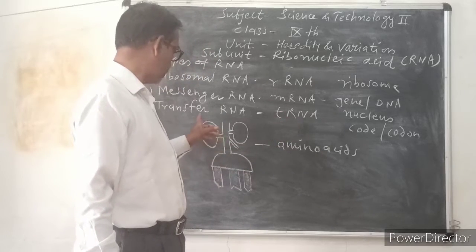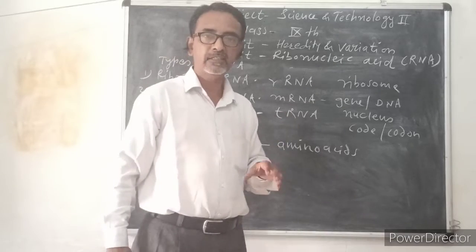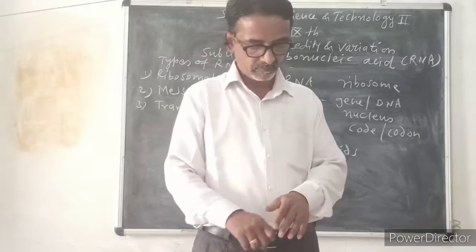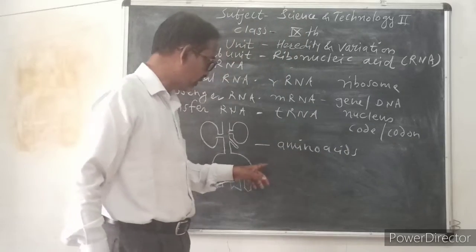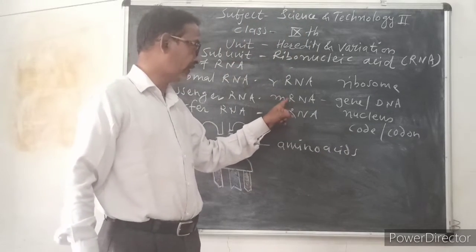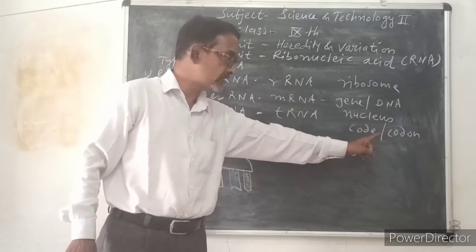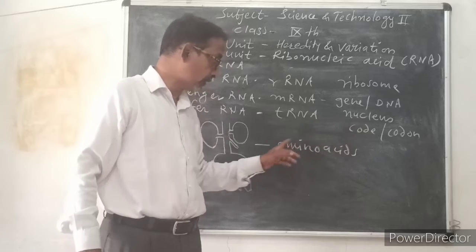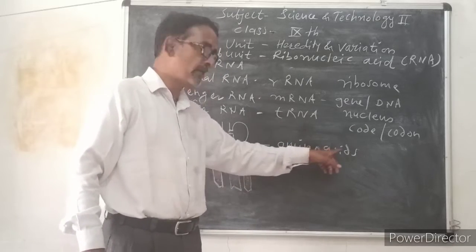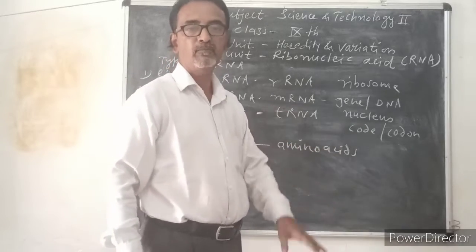Then tRNA or transfer RNA is the special type of RNA which works according to the message on mRNA, the mRNA which carries the message in the form of code or codon. So accordingly they bring amino acids for the synthesis of proteins.